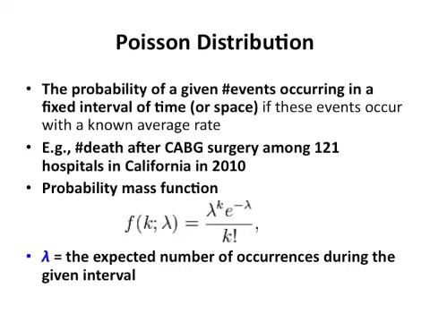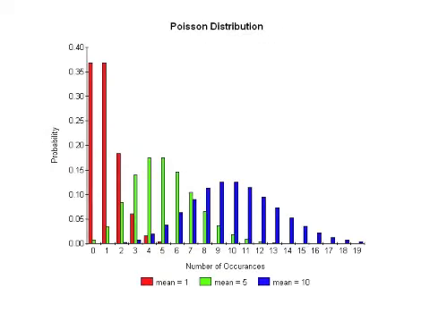That number is a count. It must be non-negative. Okay, it could be any number starting from 0, and it must be an integer. The distribution for that kind of variable has this probability mass function. Again, we only need to take a look at the shape of this distribution.